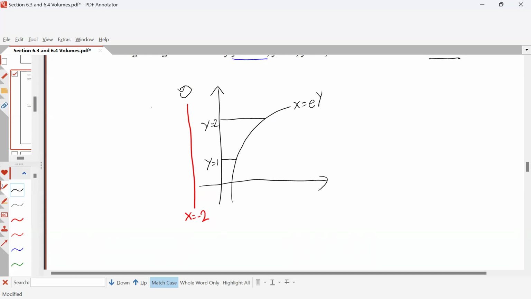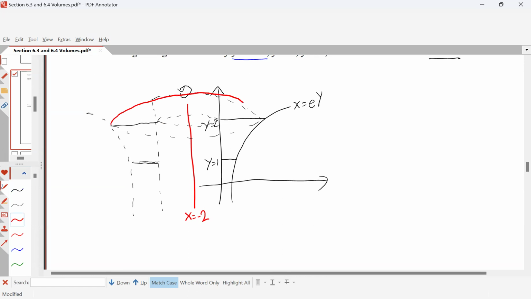The y-axis gets reflected and our graph gets reflected over on this side. We're still going from y equals 1 to y equals 2, and our whole solid is now these big loops with a hole cut out in the middle.